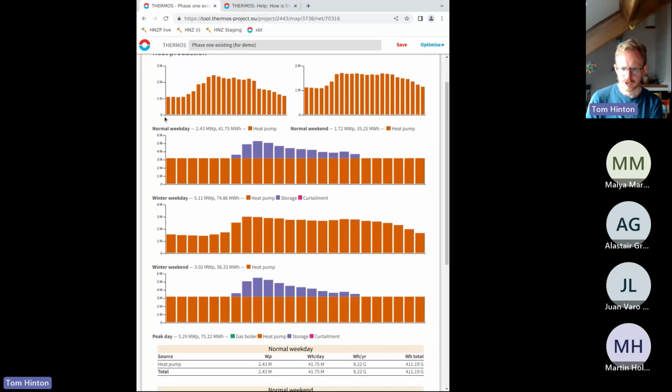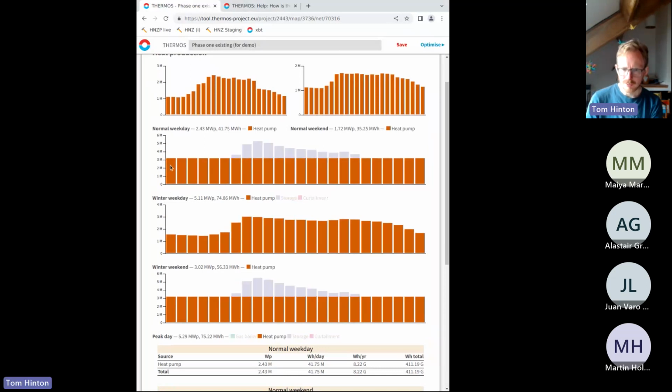But then you can see that on these winter days, where the peak is a bit higher, so winter weekday, the peak is about 5 megawatts.